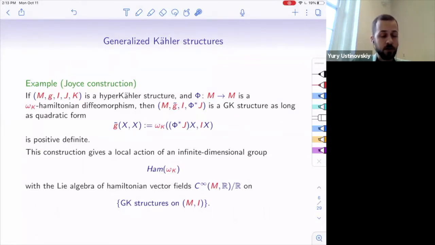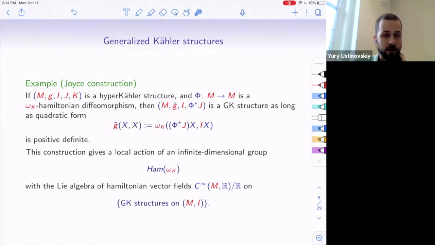So there is another construction which will give you a generally non-Kähler metric, but still a Kähler background. This is the so-called Joyce construction, at least this is how it was introduced in the literature by Apostolov, Gualtieri, and Grantcharov.